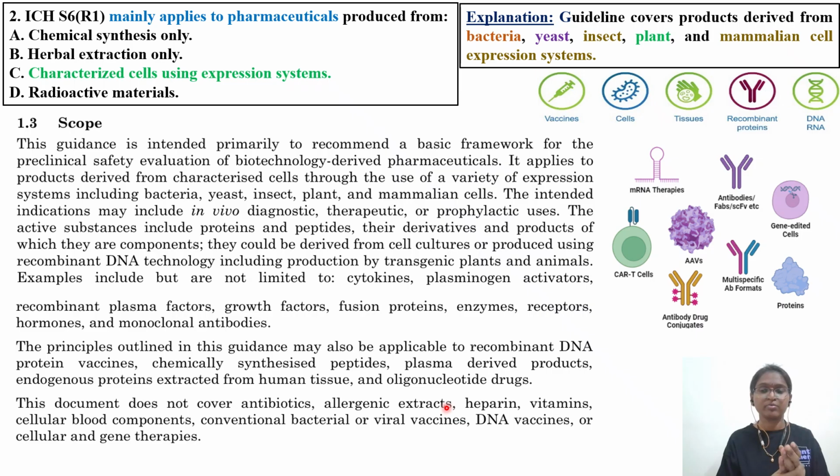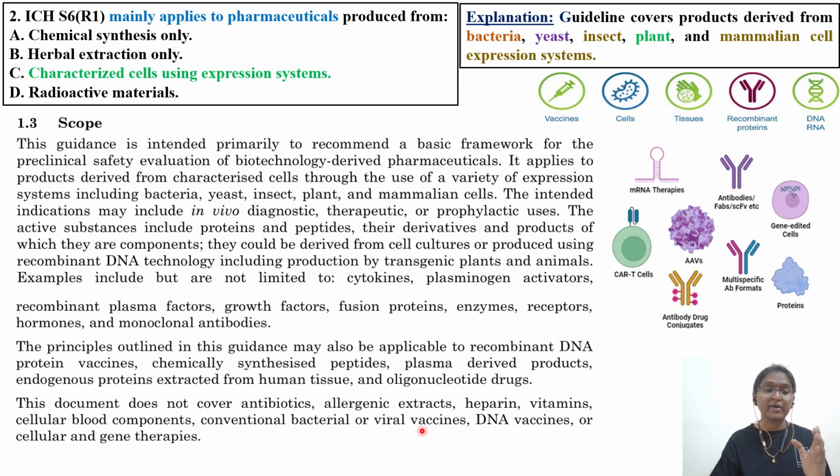you should also remember what this guideline is not applicable for, because they'll try to give those in the exam as other options. The document does not cover antibiotics; for antibiotics we have a separate guideline. Allergenic extracts will not be covered. Heparin and vitamins are also separate, as are cellular blood components like serum, and conventional bacterial and viral vaccines. They will try to confuse you; you will be thinking vaccines will come under this.